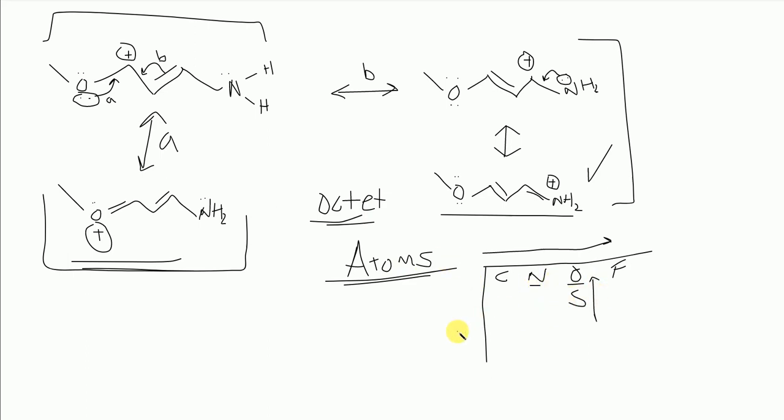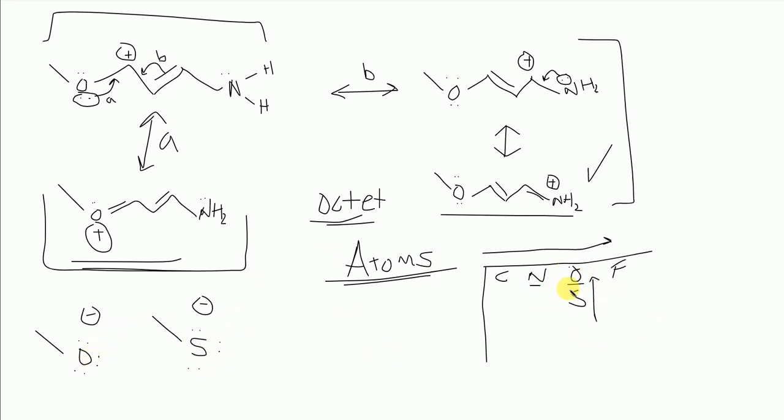Now let's say I had this, and actually I don't want to use positive charge, I want to look at negative charge. Let's say I had a negative charge here and here. Which one is more stable, the oxygen or the sulfur?